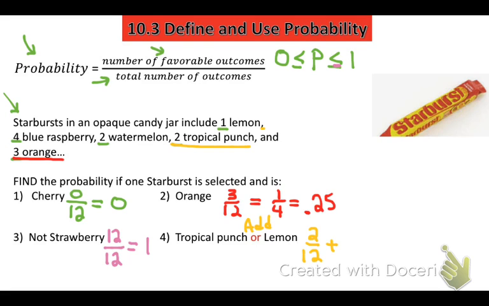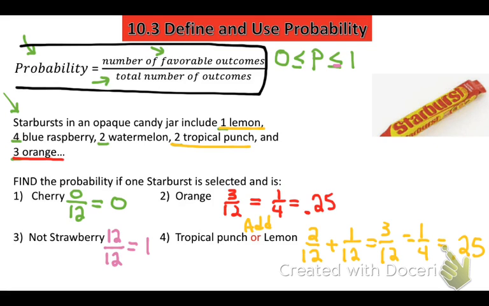And lemon, we have 1 over 12, so 3 over 12, which is equal to 1/4, which is equal to 0.25. So some key ideas that you need to make sure you have written down: the ratio for probability, the range of answers you can possibly get, and just remember that or means add.